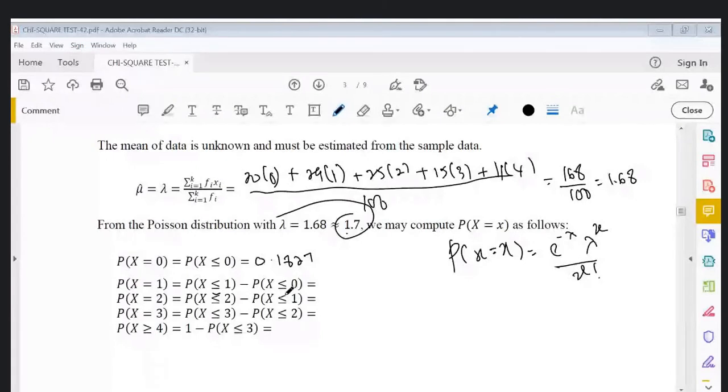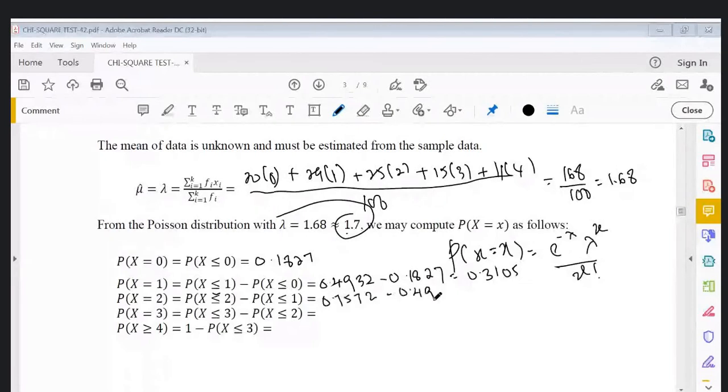P(X less than or equal to 1) minus P(X less than or equal to 0) is 0.3105. The second, 0.7572 minus 0.4932. Berapa nilai dia? What is the value for this one?